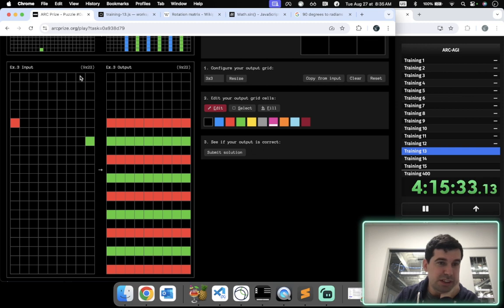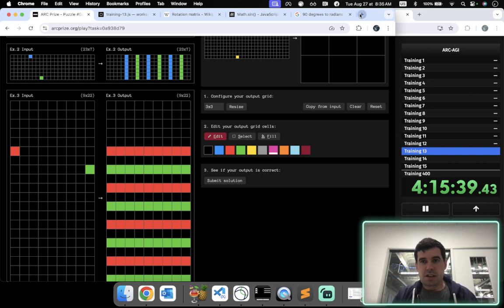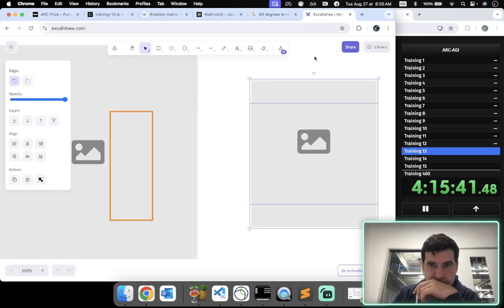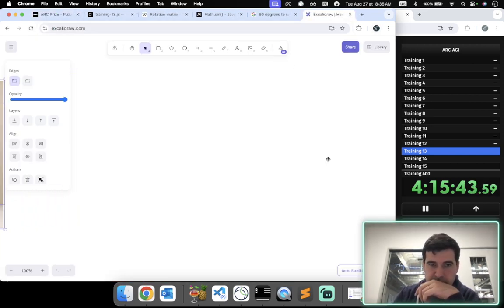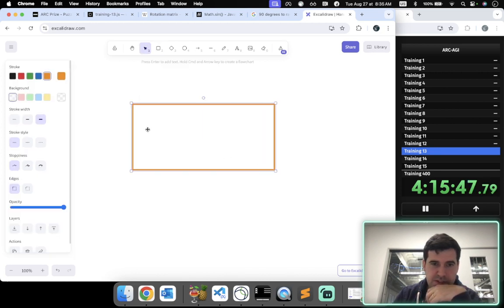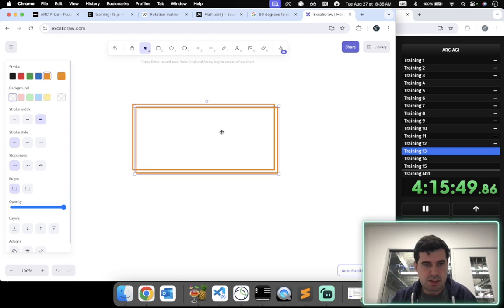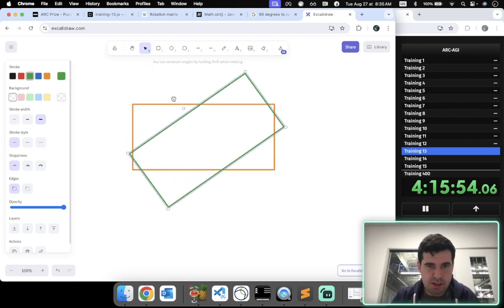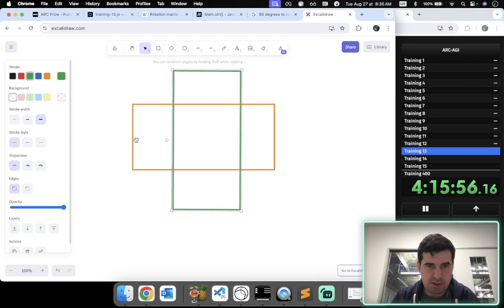And so right now it's 9 in x. So what we're saying is, we have this rectangle, and it's going to be transformed into this one.